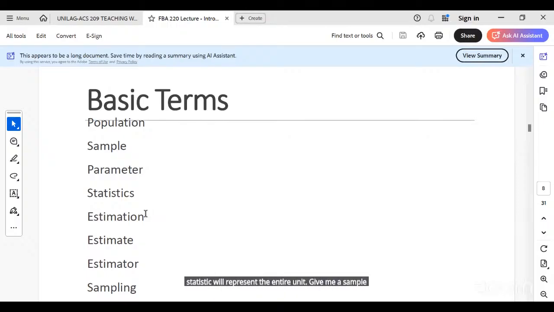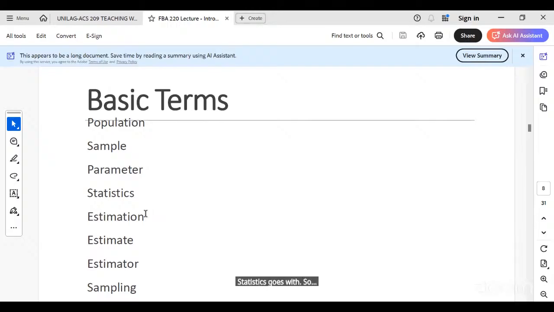So I can have sample mean. The sample mean will be the average of the units in a sample, while the population mean is the average of the units in a population. So parameter goes with population, statistic goes with sample.